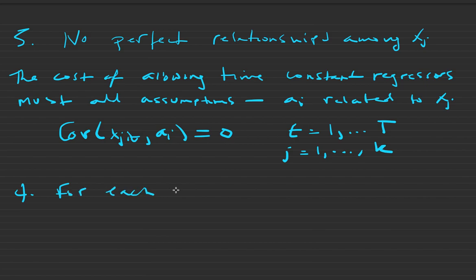For each time period t, the expected value of the idiosyncratic error u_it given the explanatory variables in all time periods and the unobserved effect, so x_i and a_i, is 0.